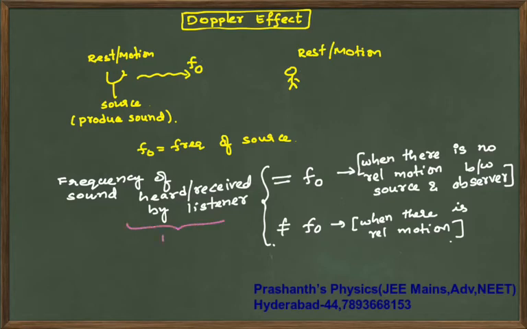This received frequency is also called the apparent frequency. Now if you are asked, beat frequency is the difference in frequencies. Apparent frequency is the frequency received by the listener.